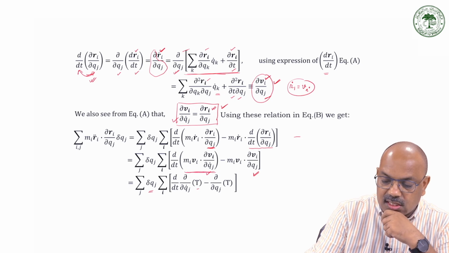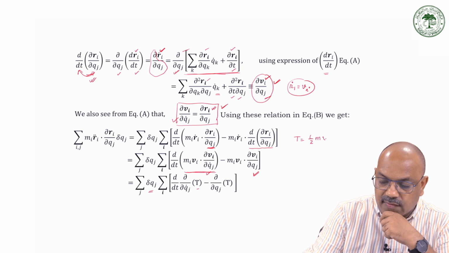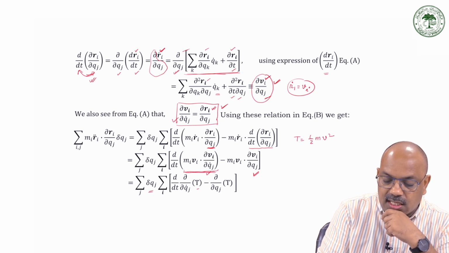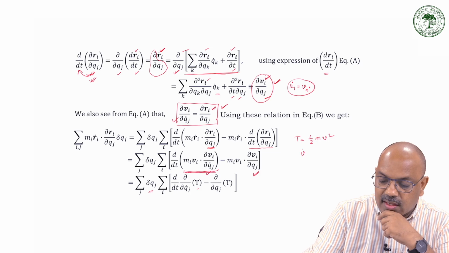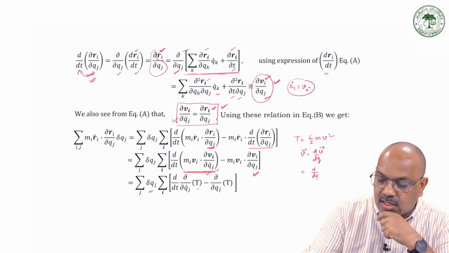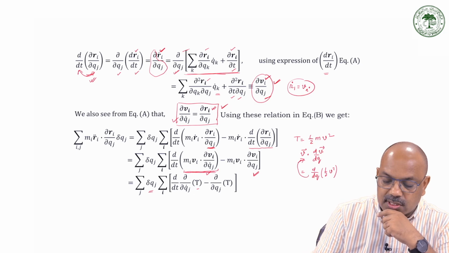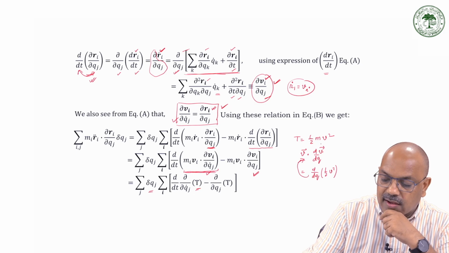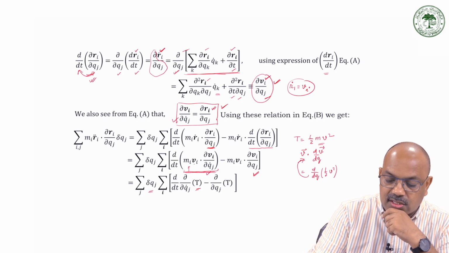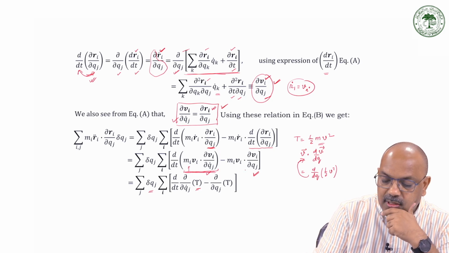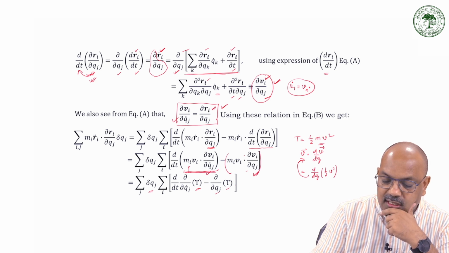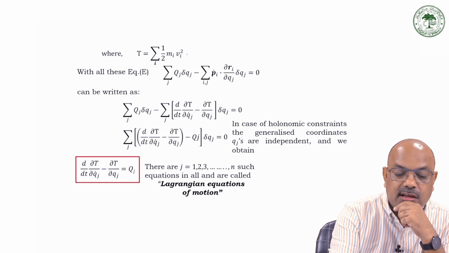T is nothing but half mv square, because we already discussed that if I have v dot d dq of v, I can write it as d dq of half v square. So using this expression I write it, and this is going to be half mv square here, because m is there, and similarly for this one, this is going to be delta delta q of t, that is half mv square.